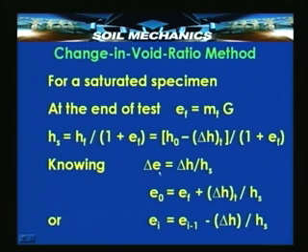Because of this, we can say that change in void ratio must be equal to the change in height divided by the height of solids, or in other words e0 minus ef must be equal to total height change divided by height of solids, or it can also be said that e at any instant i minus e at any previous instant should be equal to delta H divided by Hs, that is, ei = ei minus 1 minus delta H divided by Hs.